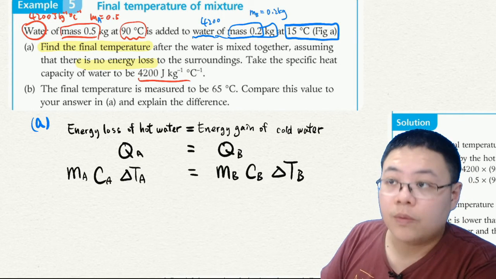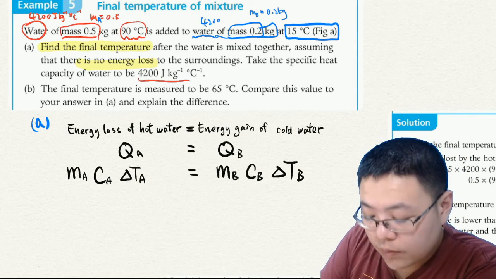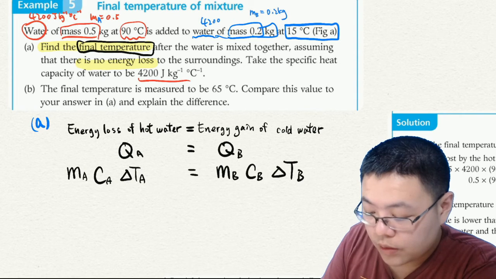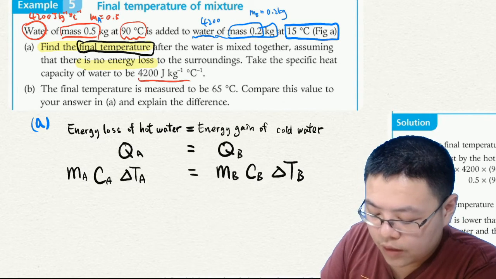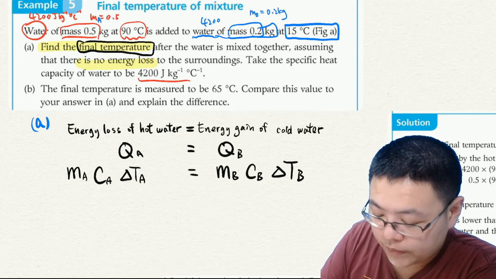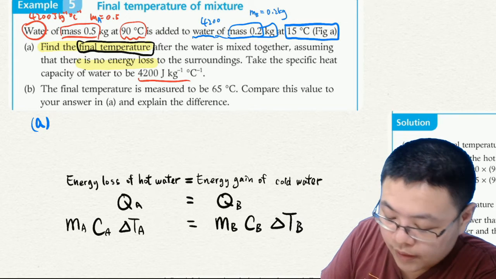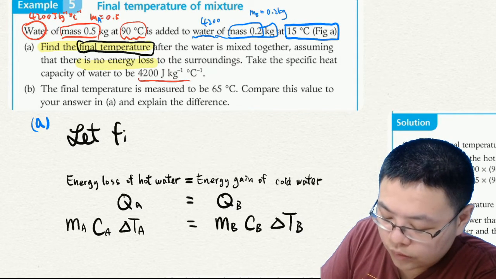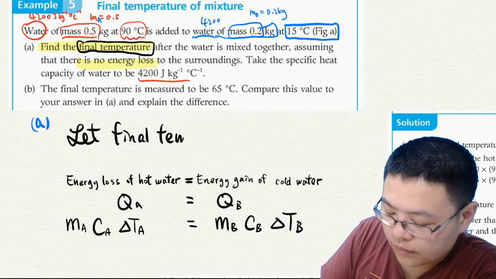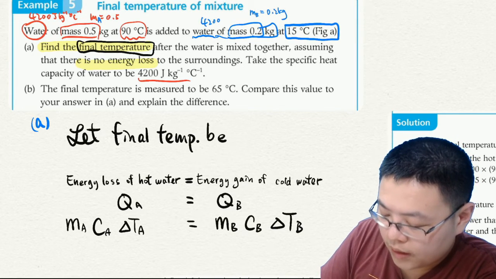But we do not know yet what the final temperature is. Sorry, I forgot this part. Let the final temperature be T.